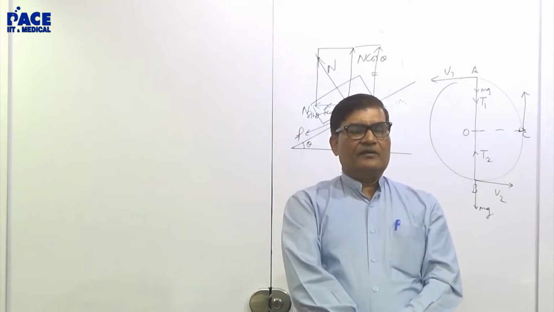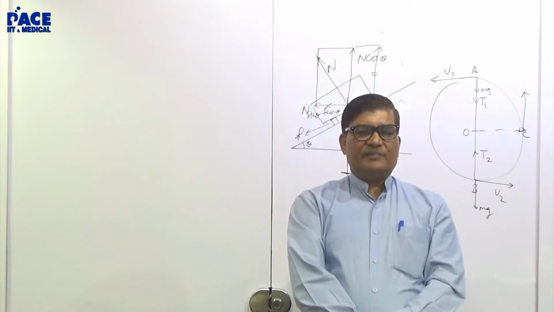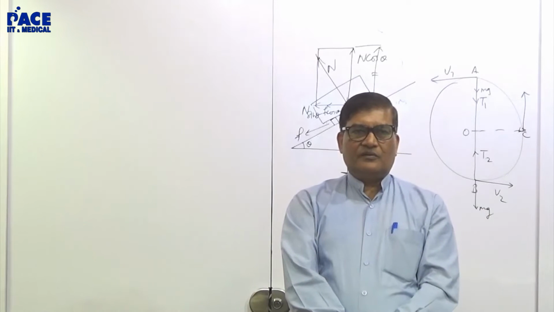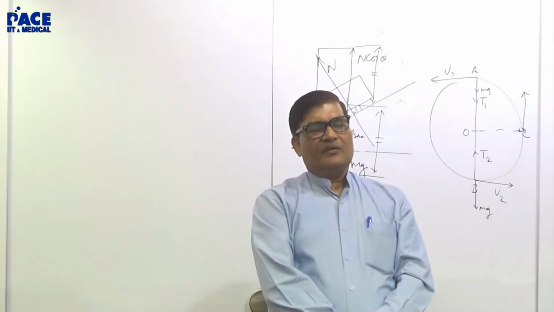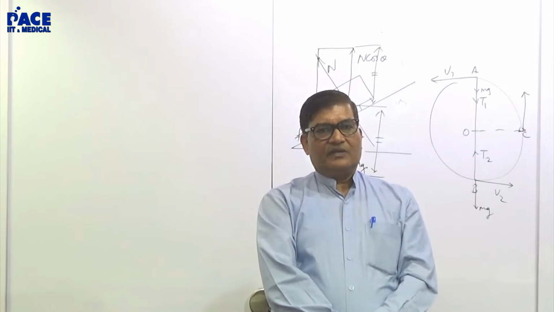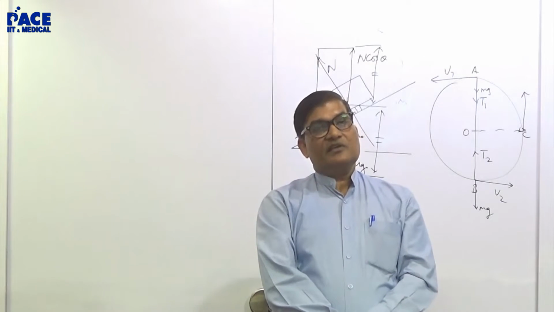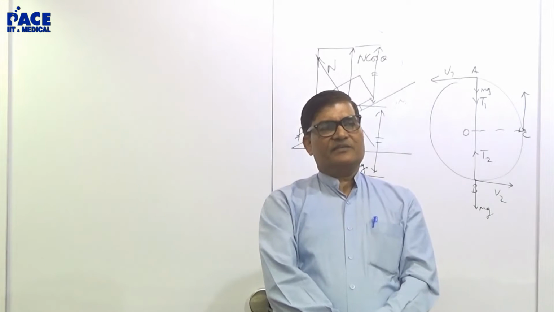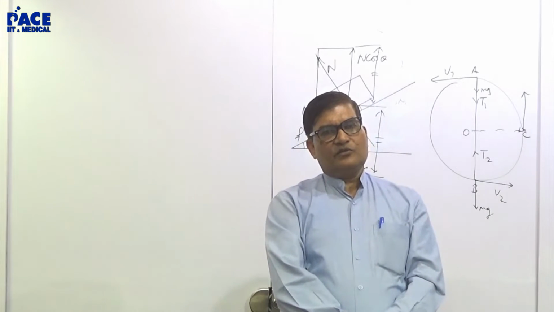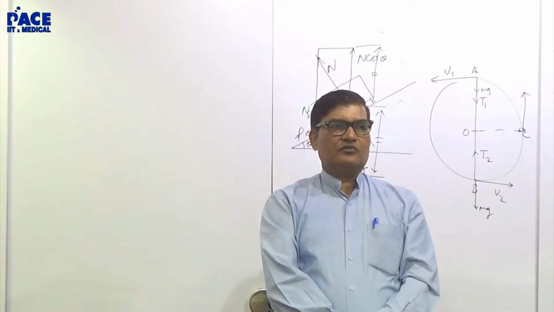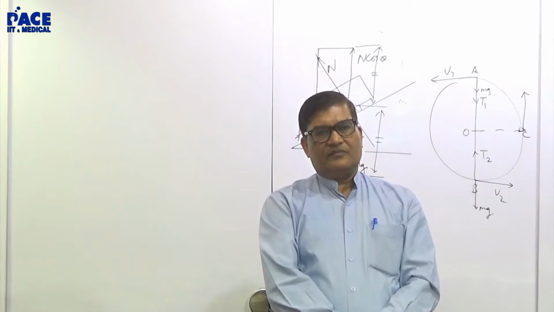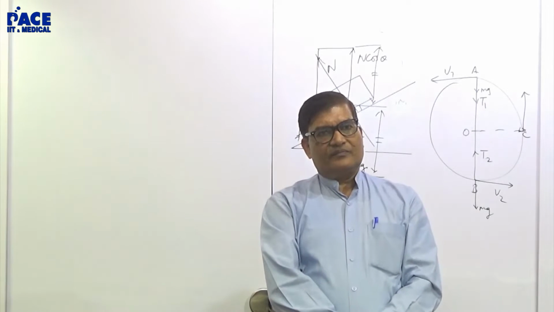When you are asked to represent graphically the displacement, velocity and acceleration of a body performing linear SHM starting from extreme position, the expression will be x is equal to a cos omega t. Differentiate it once, that will be velocity.